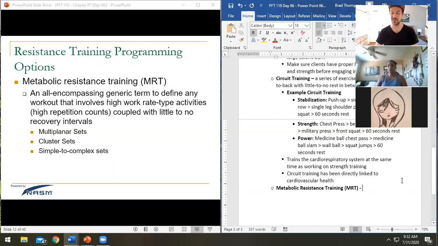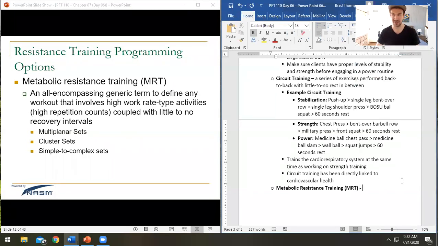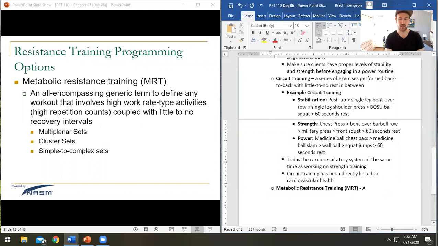So metabolic resistance training is just a term. It's not anything special. It's an all-encompassing term to define any workout that involves high work rate type activities. Right?